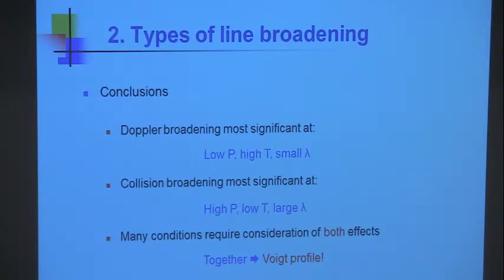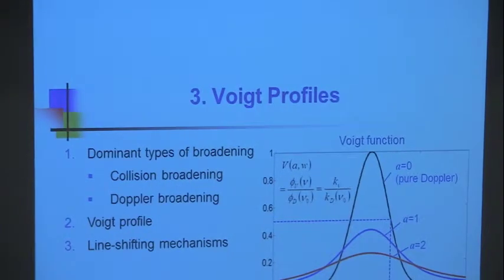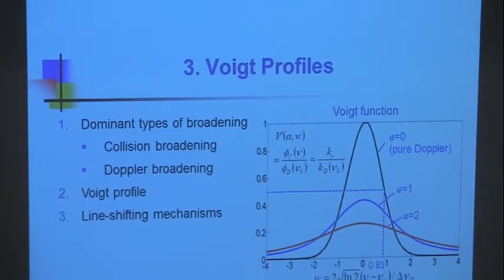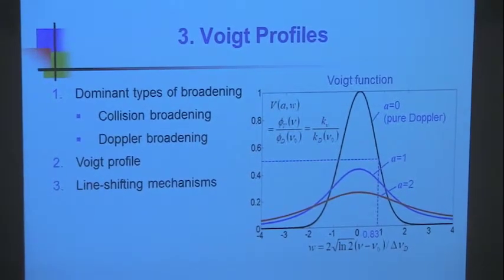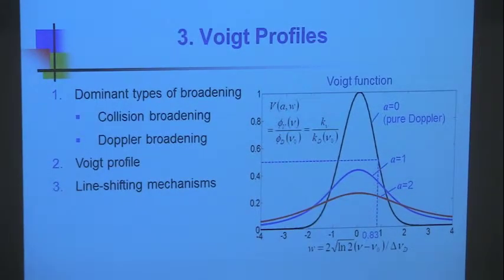And that is done with what's called a Voigt profile. The Voigt profile is a relationship that combines those two types of broadening in a way that still honors the integrated area as 1, but represents the relative magnitude of these two effects.